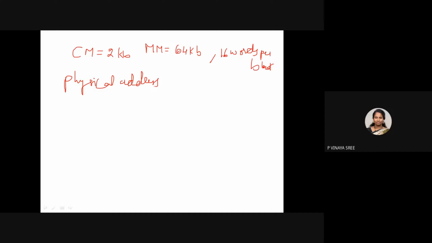Before going for this physical address, you must be very clear about KB, MB, GB, TB, PB, all those.